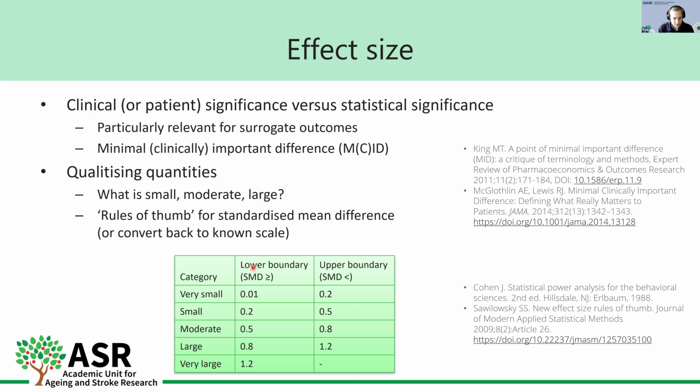So numbers needed to treat, or a number of patients per thousand, a risk difference, to get a sense of how important or otherwise it is for your particular outcome. And then obviously, depending on what the outcome is, how many per thousand would be important will vary.